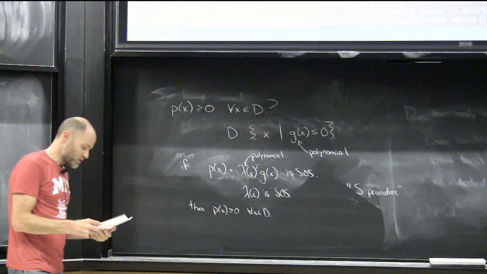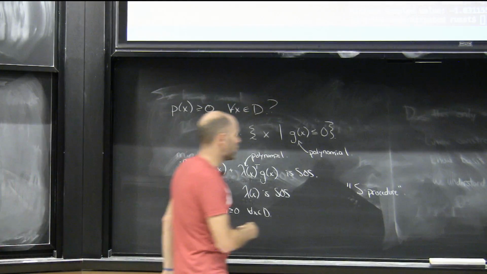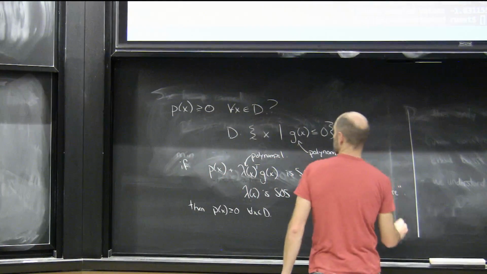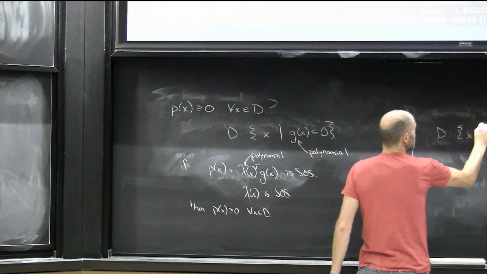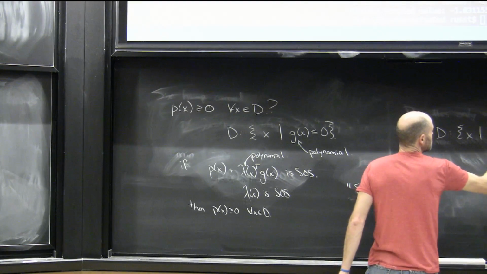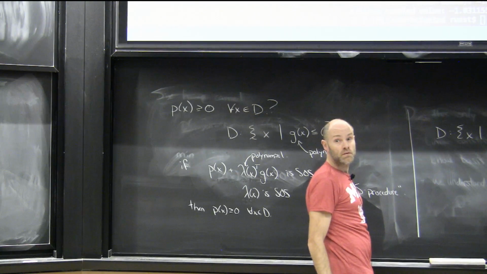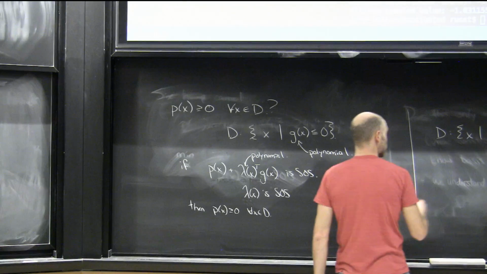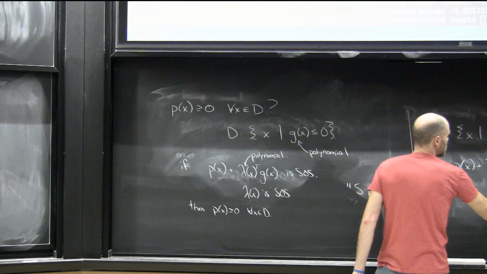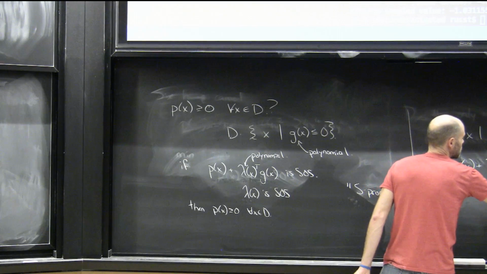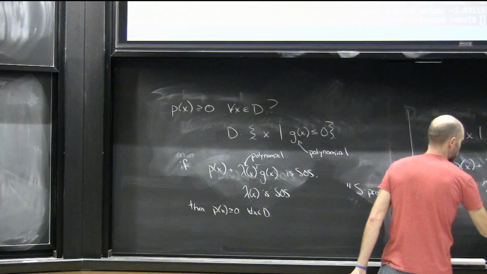All right, so how do we use that? Just to give you the other version for completeness, if D was defined by an equality constraint, then I could prove that lambda is arbitrary.